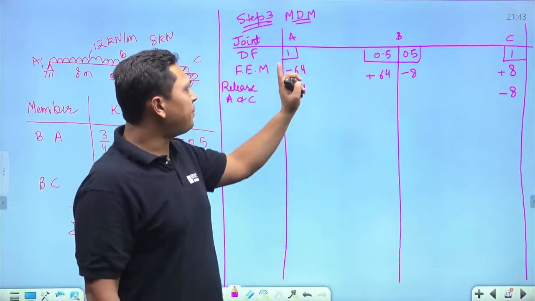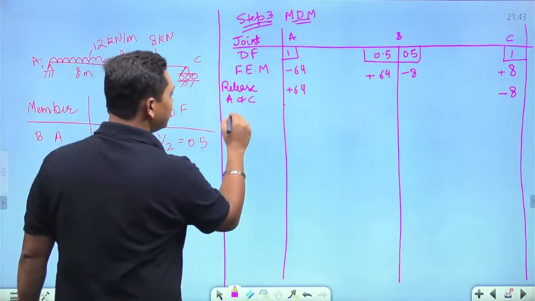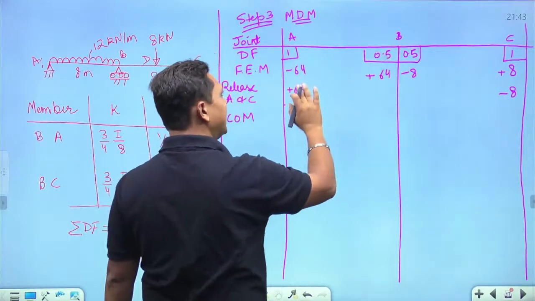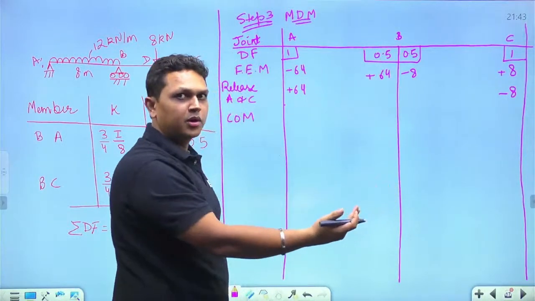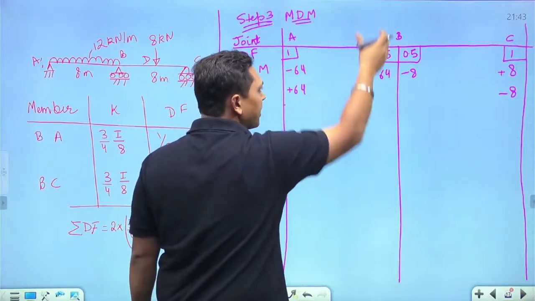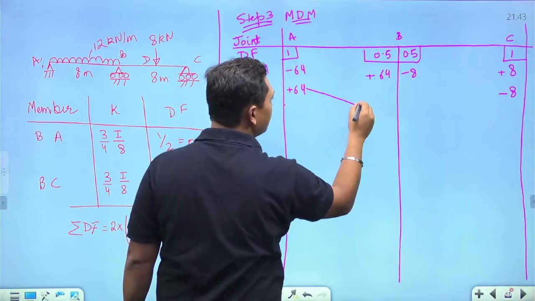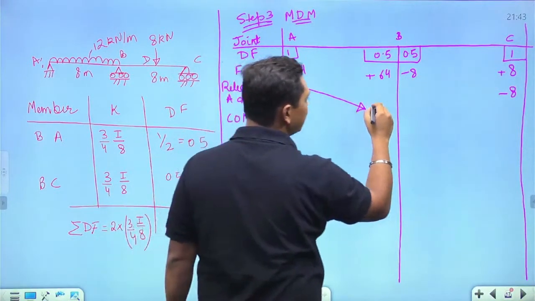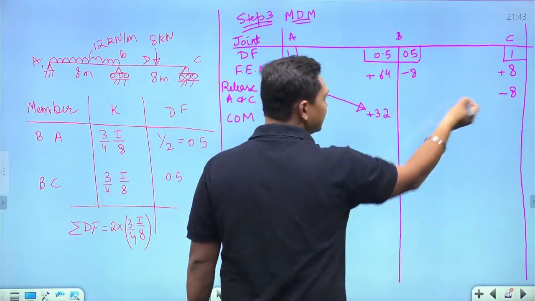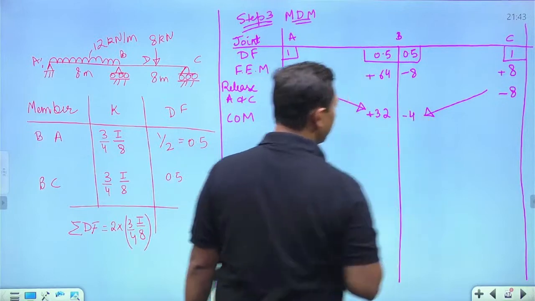Now if the applied moment at A point is 64, what is the carryover moment at B support? Right now the B support is a fixed support because it is as per the fixed end moments. So when the far end is fixed, the carryover moment is 64 by 2, that is M by 2. So plus 32 over here. And similarly, the carryover moment of this will be minus 4, right?